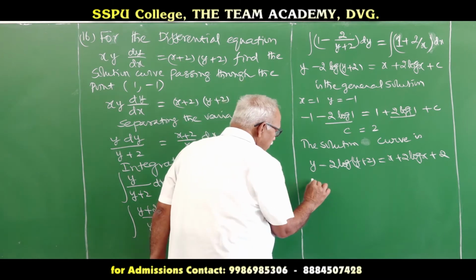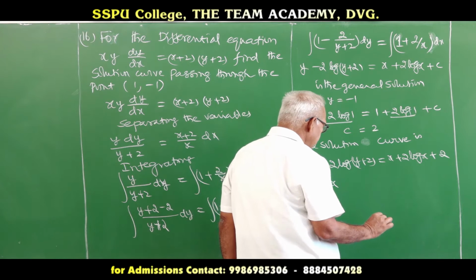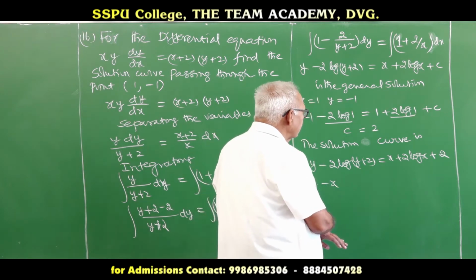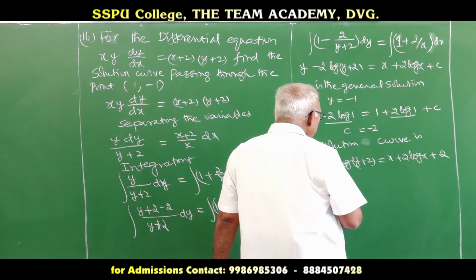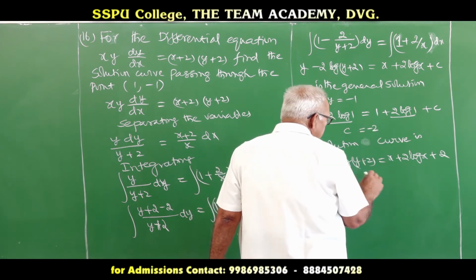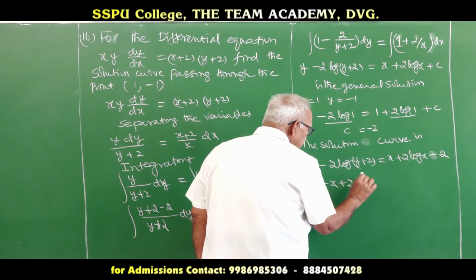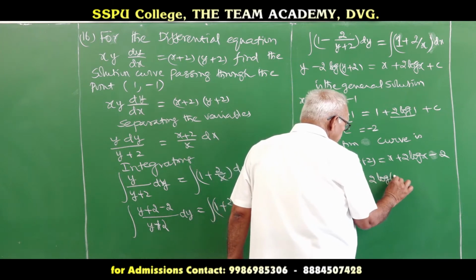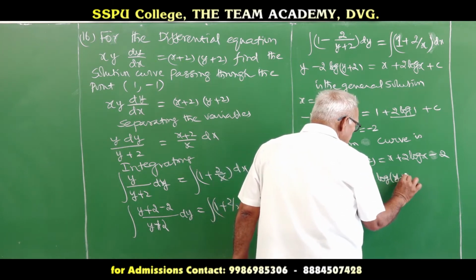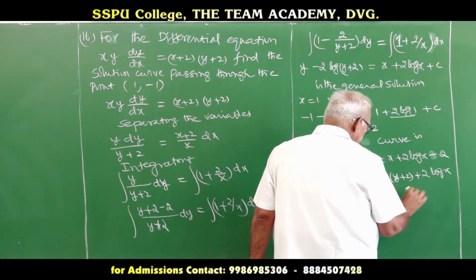Now, you see we can simplify this: y minus x, c is equal to minus 2 because 1 comes to this side. So, c is equal to minus 2 we get. So, y minus x plus 2 is equal to 2 log (y plus 2) plus 2 log x.